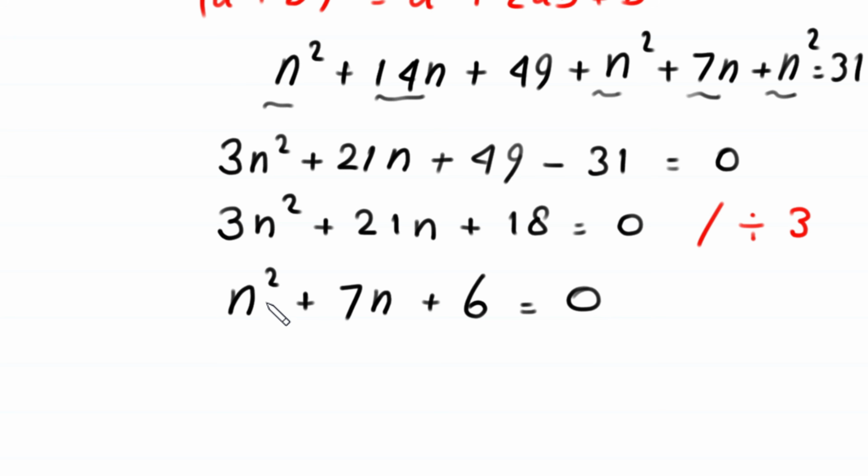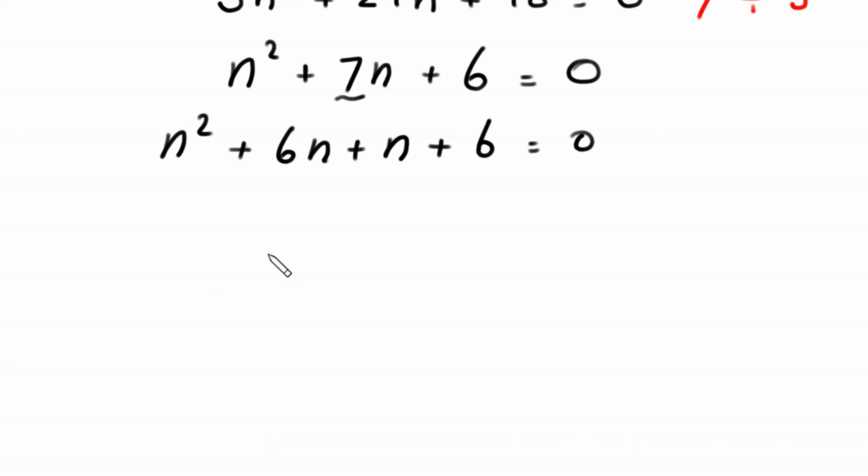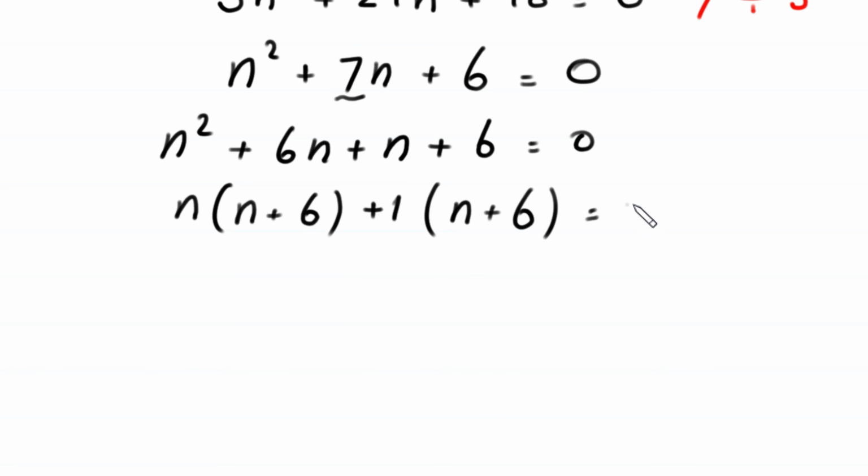Now this is a quadratic equation and is factorable. We write this n squared and break this 7n into two terms, plus 6 times n plus n, plus this 6, equal to 0. From these two terms we can factor out n in bracket left n plus 6, and from these two terms we can factor out plus 1 in bracket left n plus 6, equal to 0.